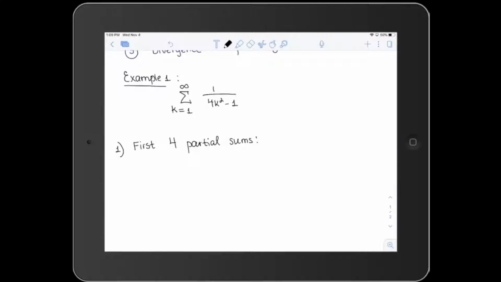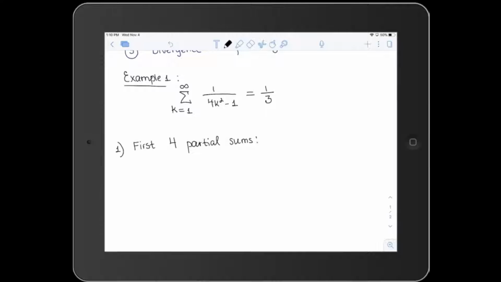If k is equal to 1, then we get 4 times 1 squared minus 1 in the denominator, so that would be 1 over 3. What about k is equal to 2? 2 squared is 4, 4 times 4 is 16, minus 1, that's 15.